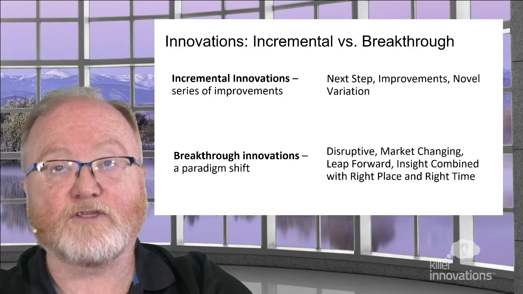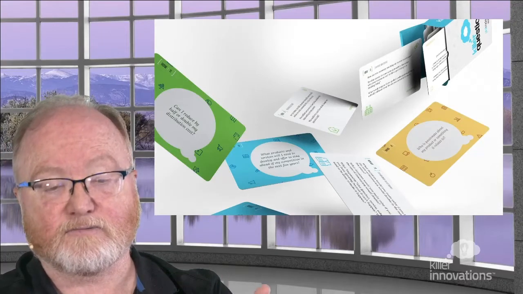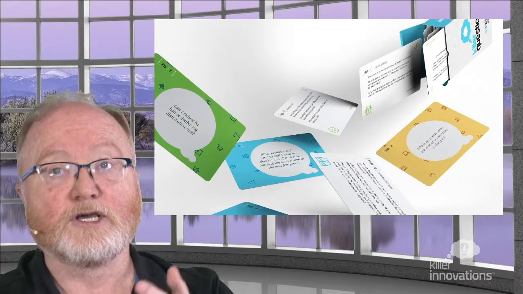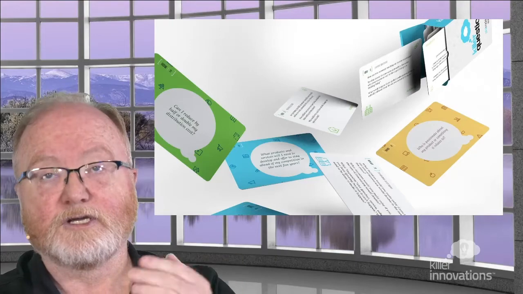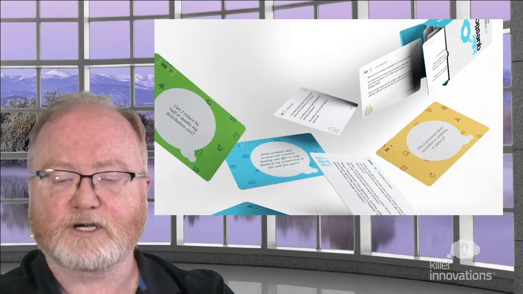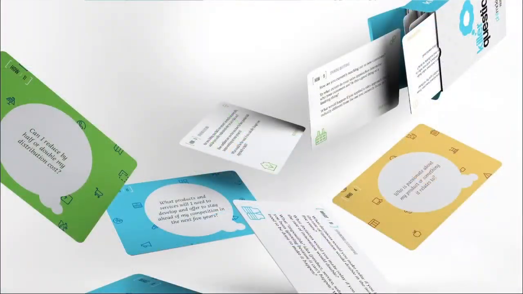Now, one of the things that we teach and get involved in, sharing and working with organizations, is the use of tools that help trigger ideas. The tool that we focus a lot on is the killer question card deck.